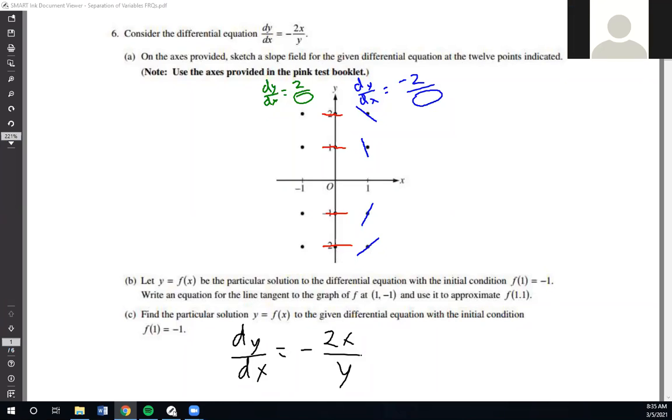So here's positive 2 over 2. Here's positive 2 over 1. Here's 2 over negative 1, so that's negative 2. Here's 2 over negative 2, which is negative 1. So there's what your slope field should look like.